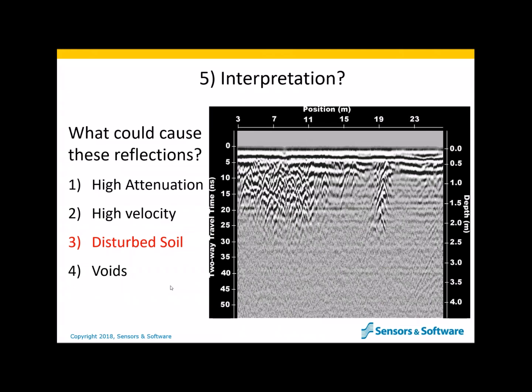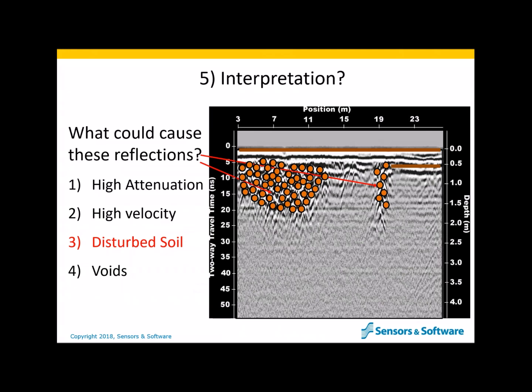Start with what you know. You can look at this section and you can say, I see a bunch of hyperbolas. And hyperbolas are from objects in the ground. So let me sketch out some things that look like an object, one for each hyperbola that I see. And this is what you end up with.